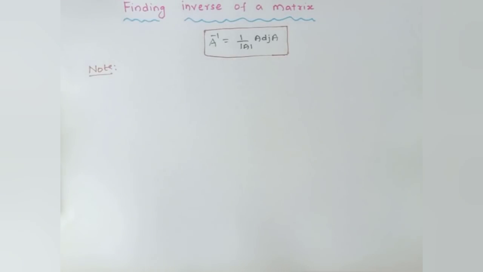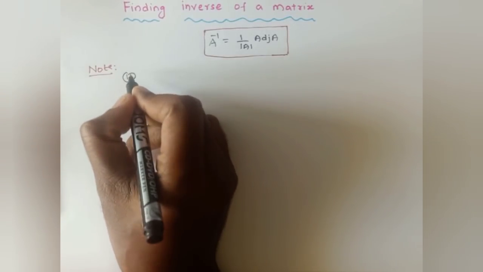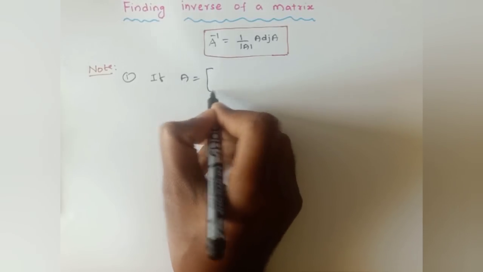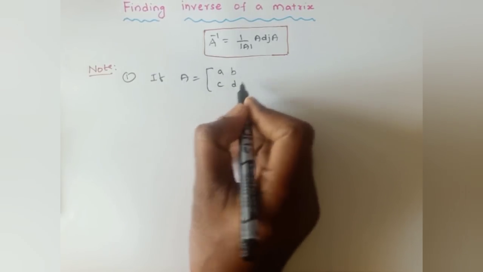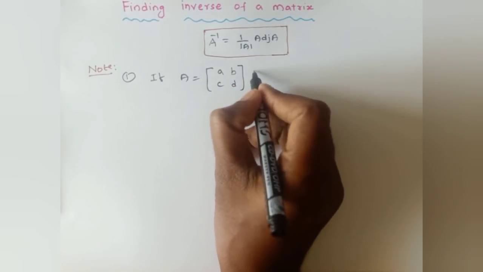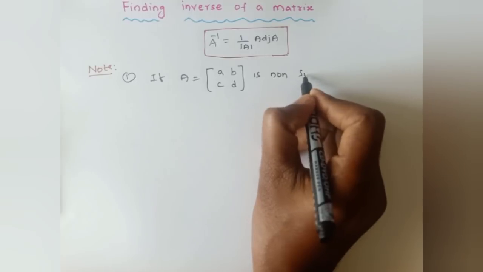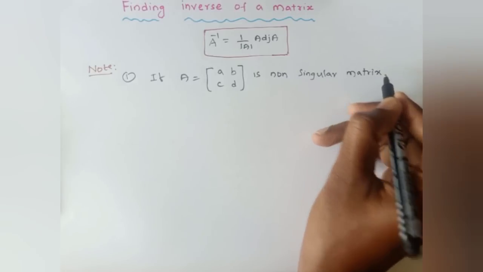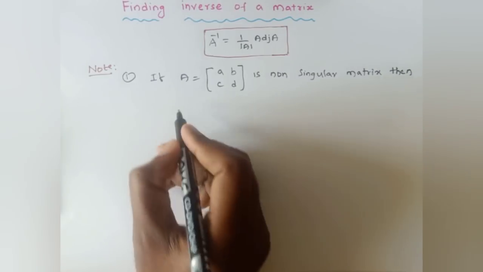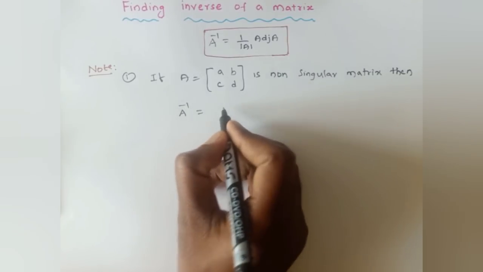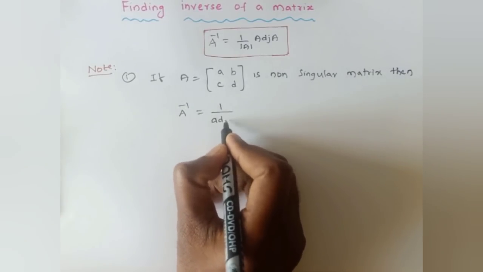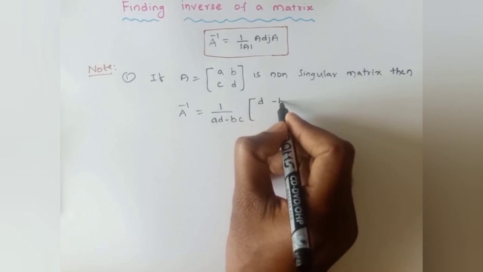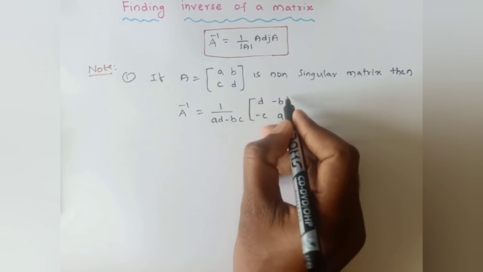Note number 1: if A equals A, B, C, D is a non-singular matrix, then A inverse is 1 by AD minus BC into D, minus B, minus C, A.